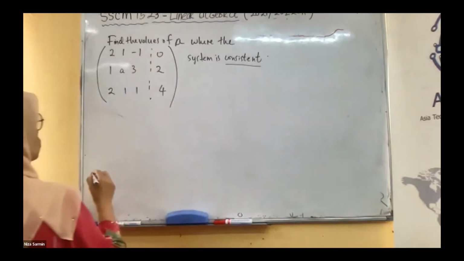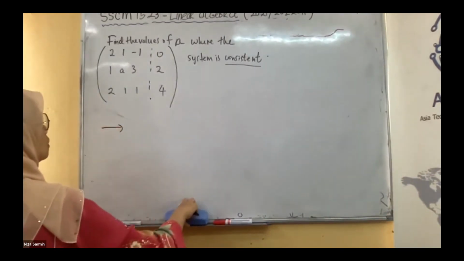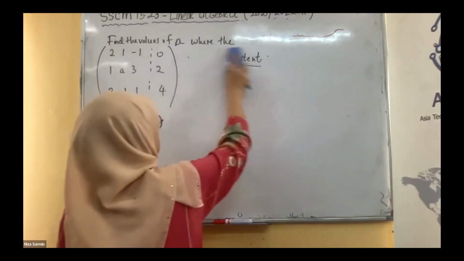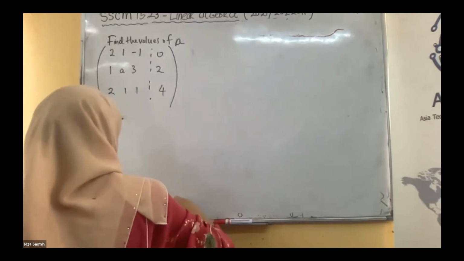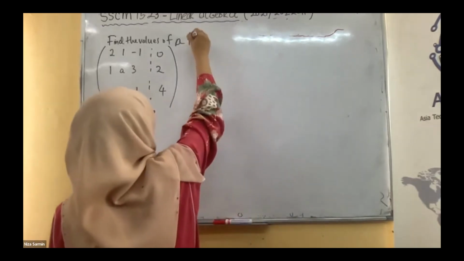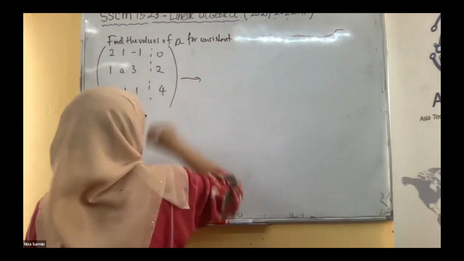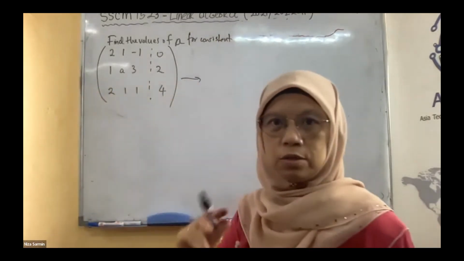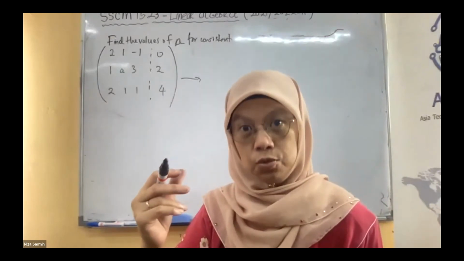So what I will do is I erase the question. I put here for consistent. Okay, so you want to get the first column and the first row to be 0.